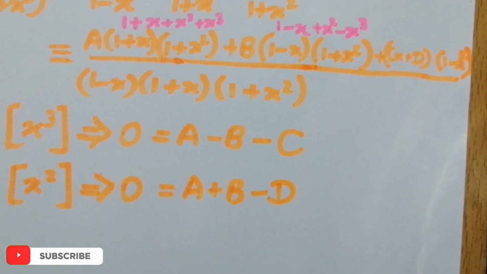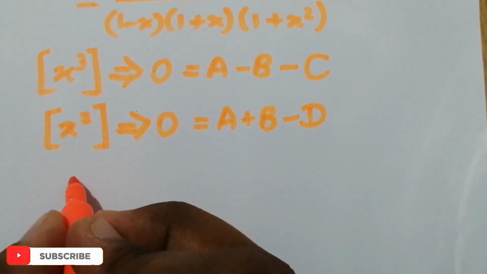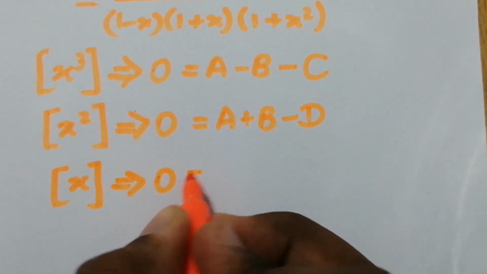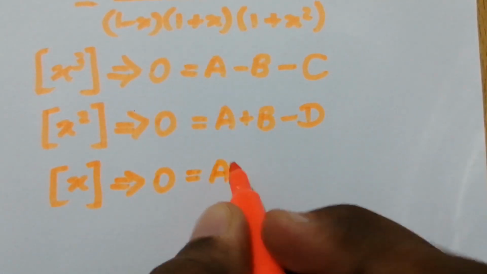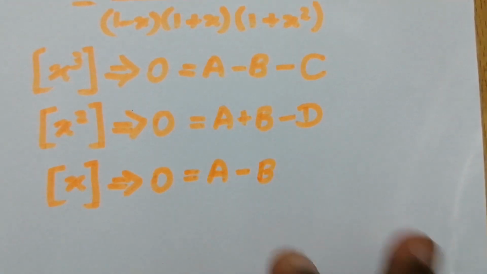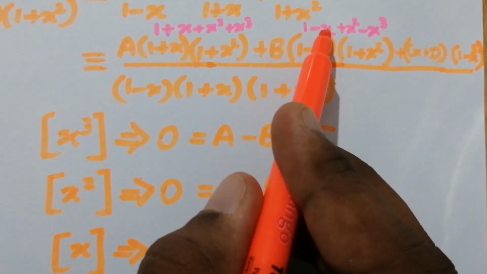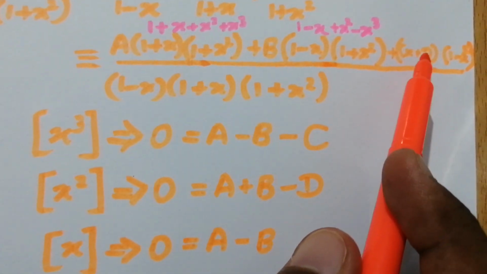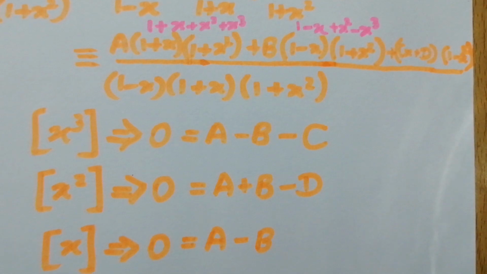There are no other terms. If I equate the x terms, here 0 equals again a minus b, then a minus b, plus in this side c.